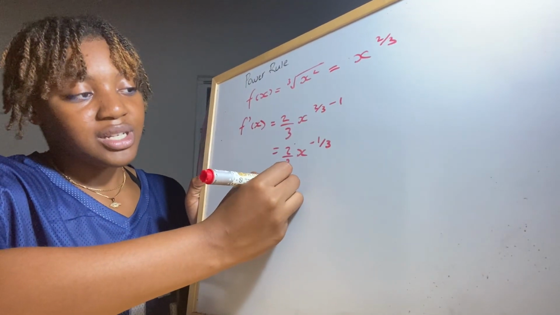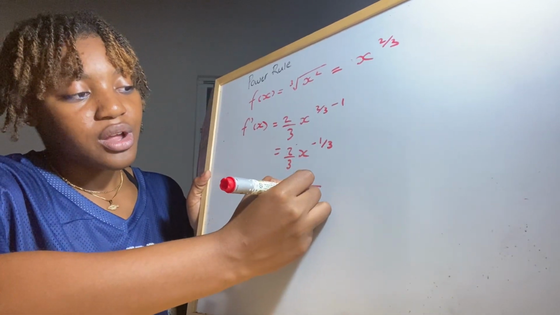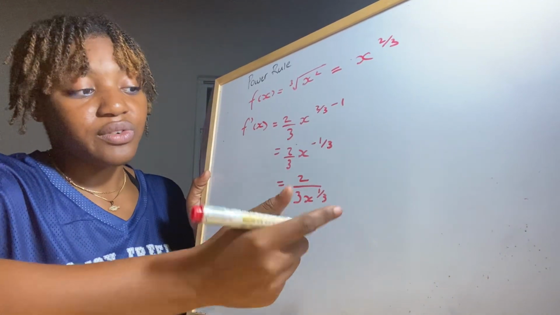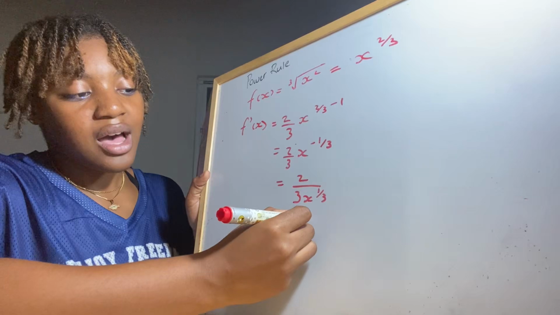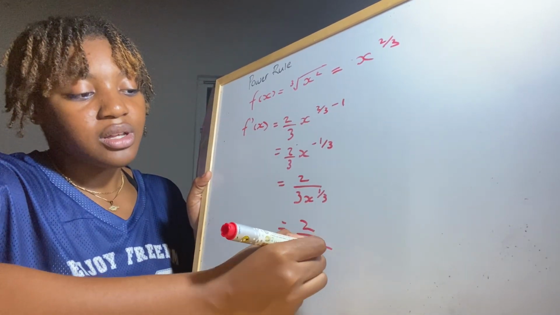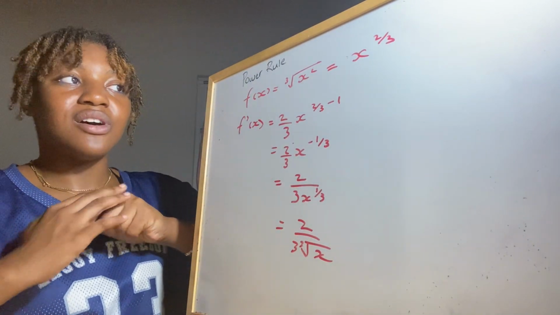And this can be rewritten as 2 over 3x raised to the 1 over 3. And that would be 2 over 3 cube root of x. And that would be our first derivative of this function.